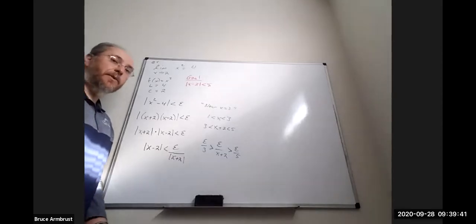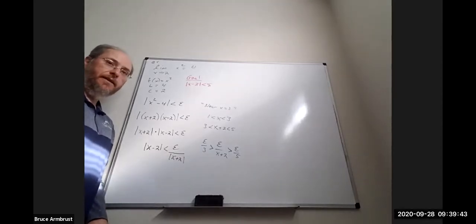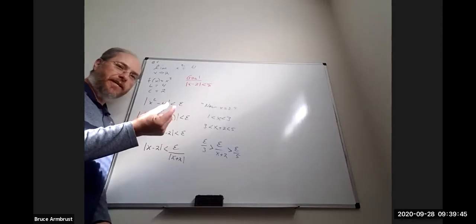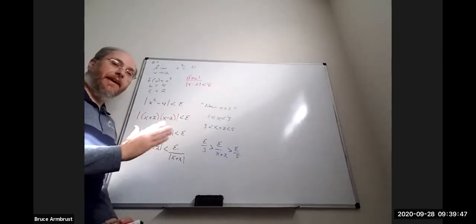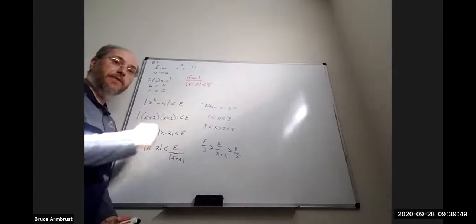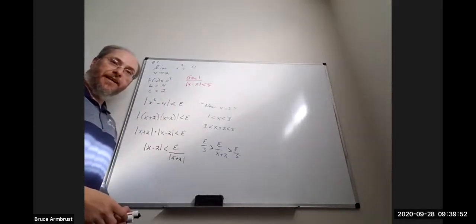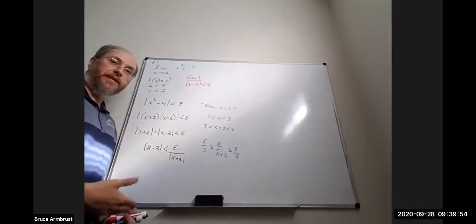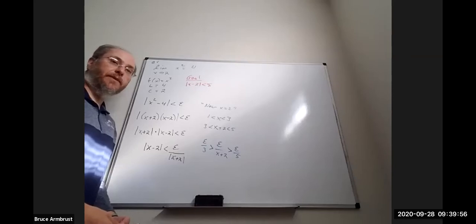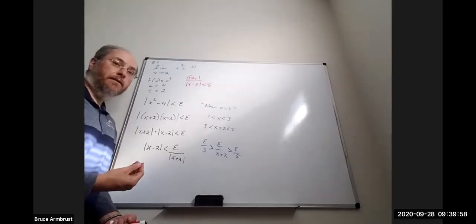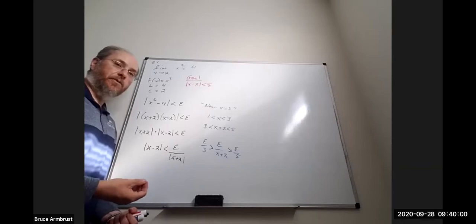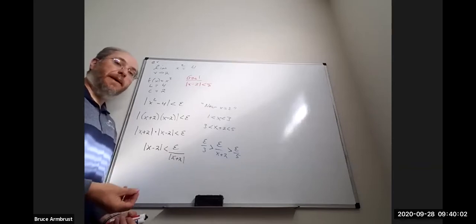And the reason I'm going with smaller is that we can always shrink delta. Remember when we were first talking about it in that very first one? I think it was actually this one when we were given an epsilon and we chose delta equals 0.02. And I said, well, it could be smaller if you want. You can go with any kind of smaller number you want. So in general, smaller is better.